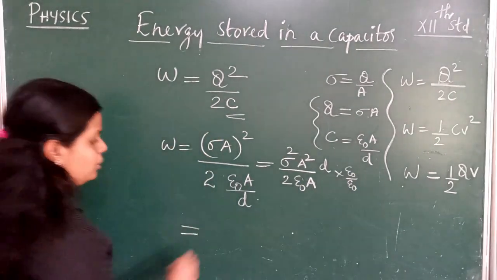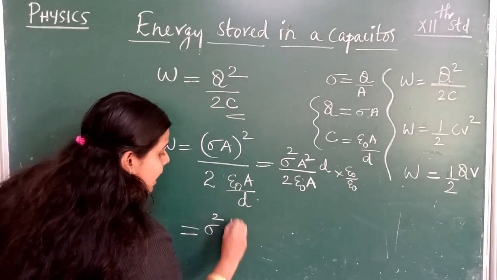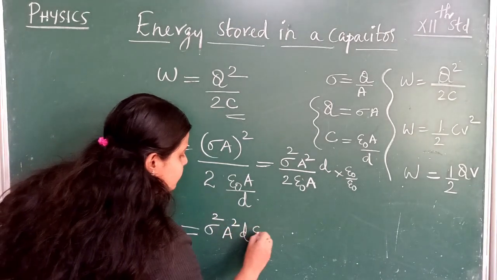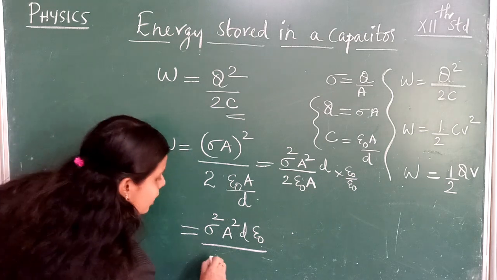So that is equal to sigma square A square D epsilon 0 divided by 2.